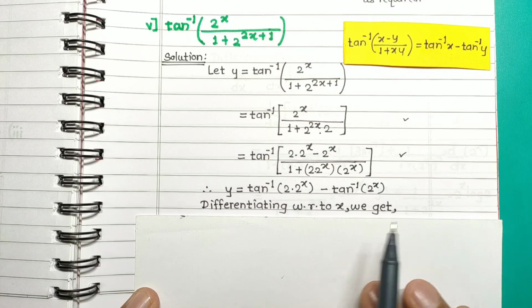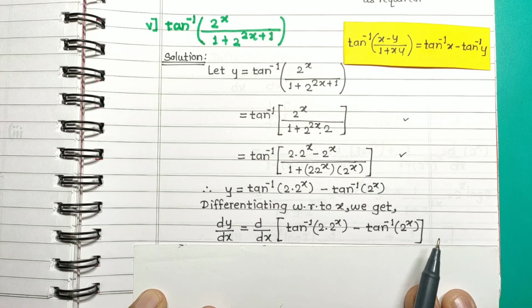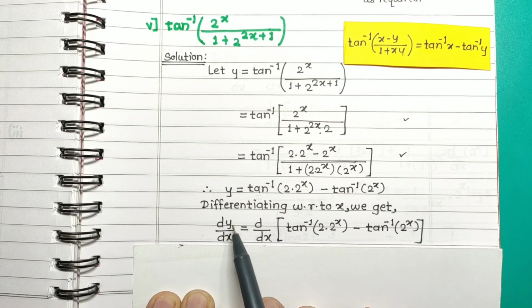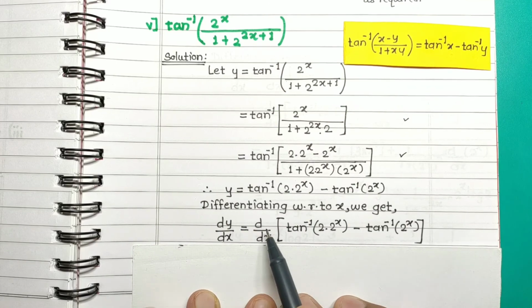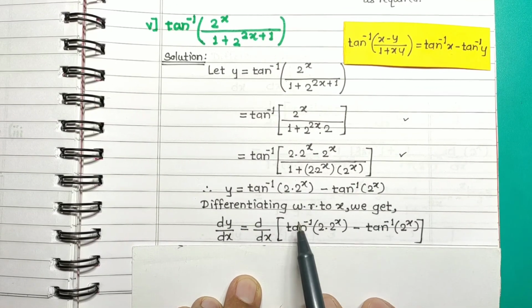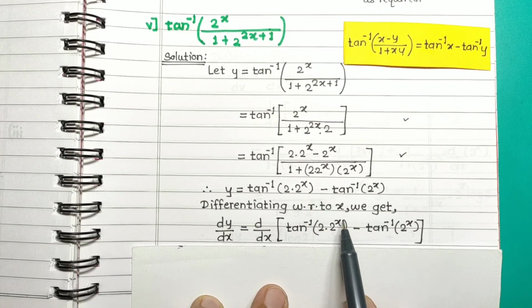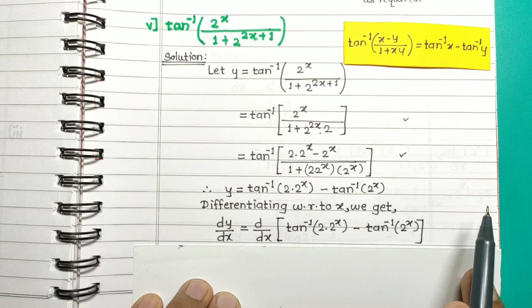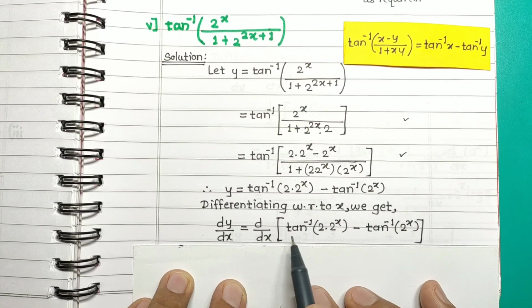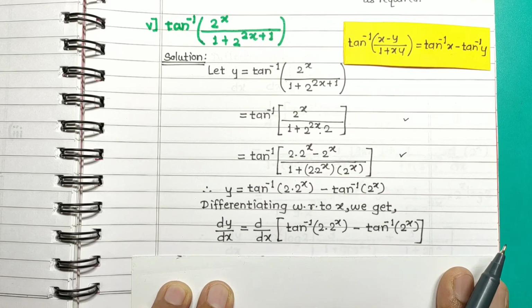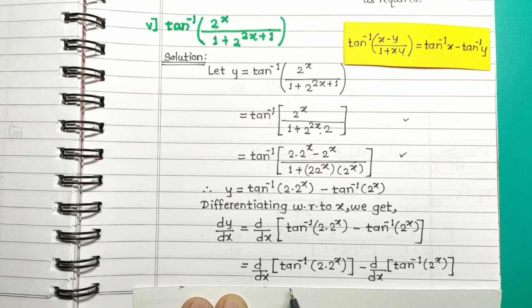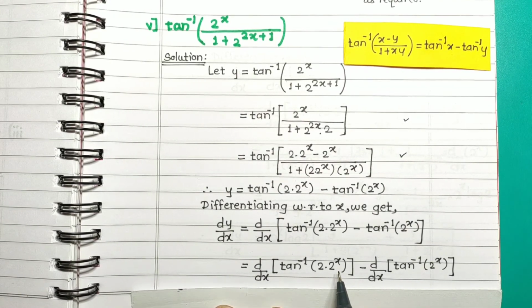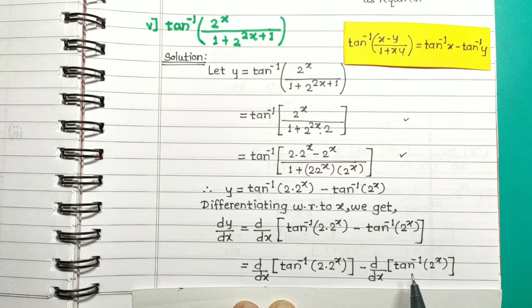Differentiating with respect to x we get the derivative of y, dy by dx, is equal to d by dx of this subtraction, tan inverse of 2 into 2 raised to x minus tan inverse of 2 raised to x. We can separate this subtraction. So we have d by dx of tan inverse of 2 into 2 raised to x minus the derivative of tan inverse of 2 raised to x.